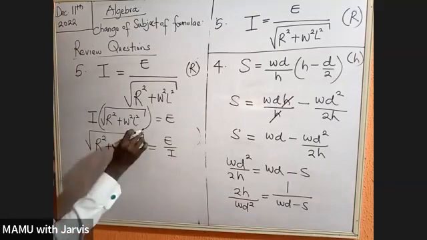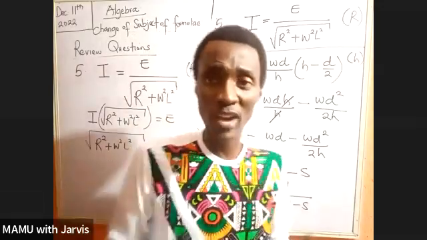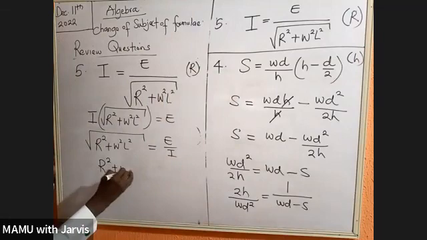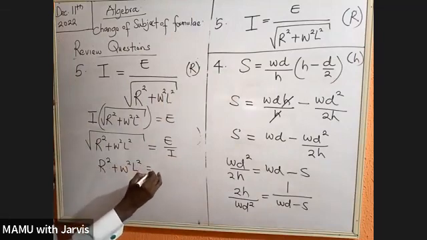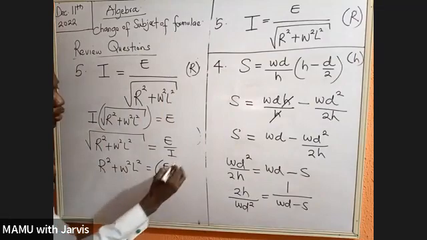Now, this is square root. If I transfer square root by concept of transfer of antonym, I'm going to have that r squared plus w squared L squared equal to all bracket E over I all squared.